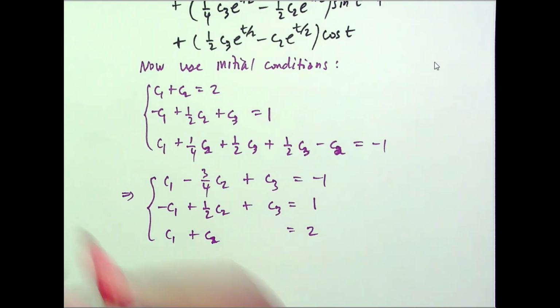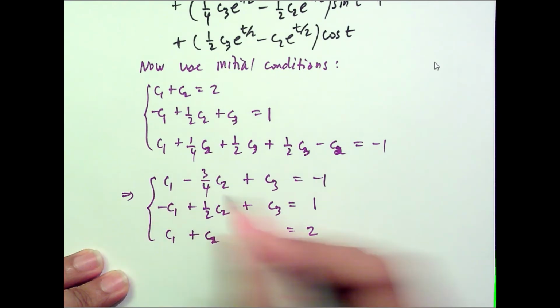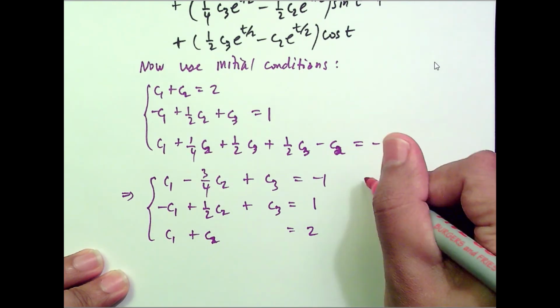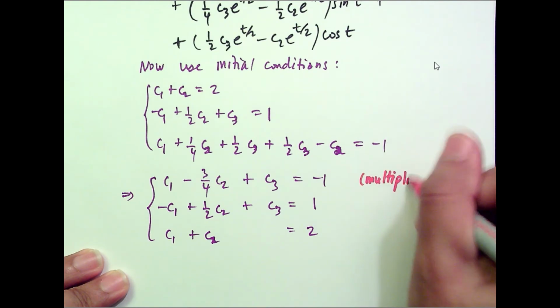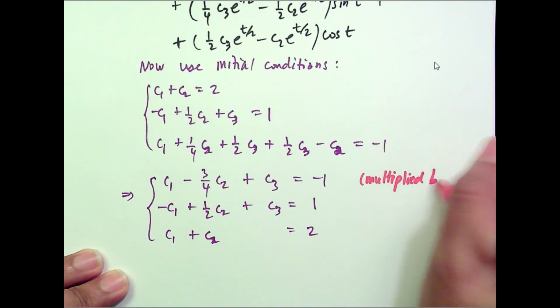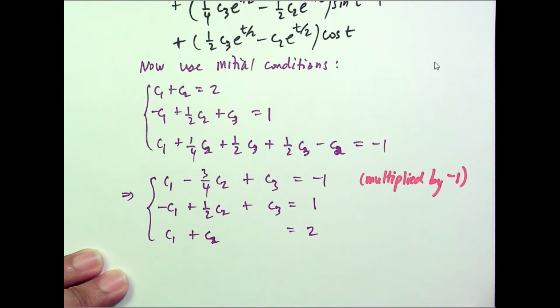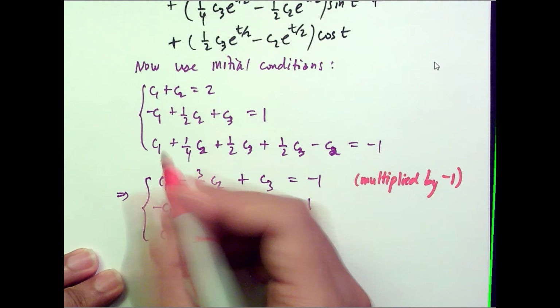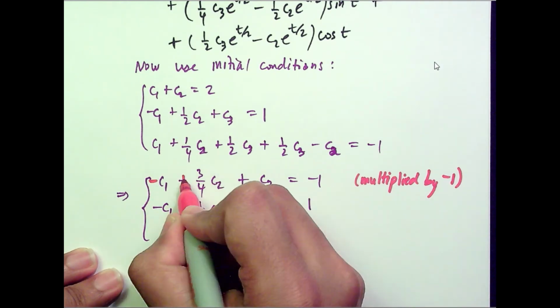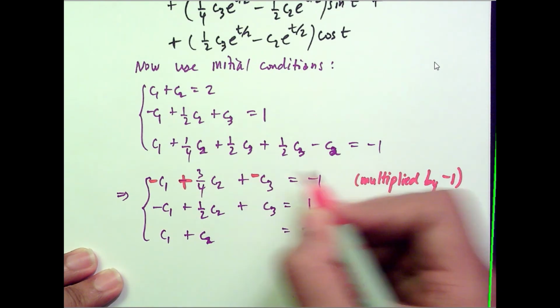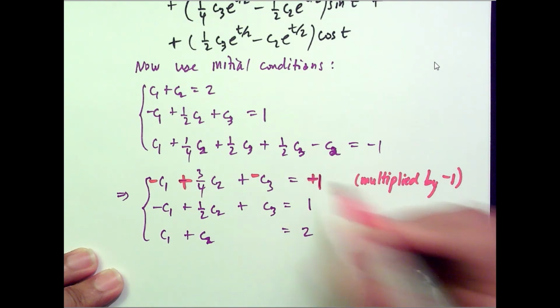I'm going to multiply the first equation, everything, by -1. And when you multiply by -1, that changes, that changes, that changes, and that changes.